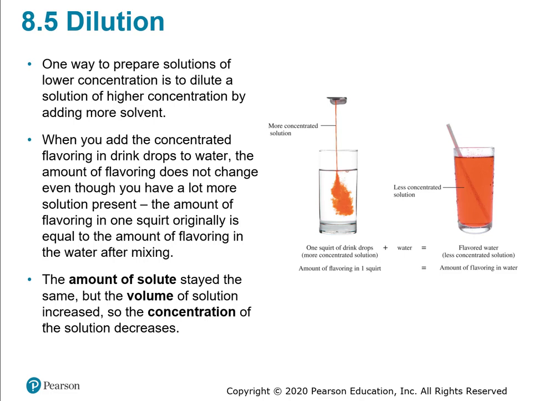So in this, the initial concentration is always going to be higher. The final concentration is always going to be lower because we're always adding water, right? So your C1 is always going to be the higher concentration. The C2 is always going to be lower.